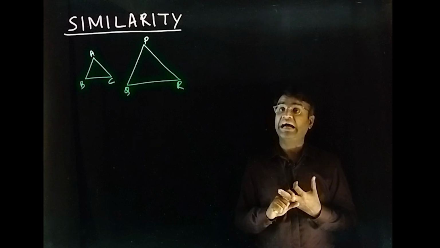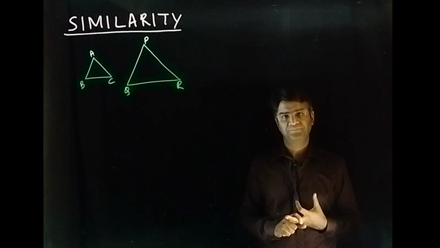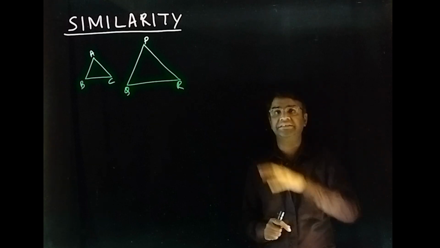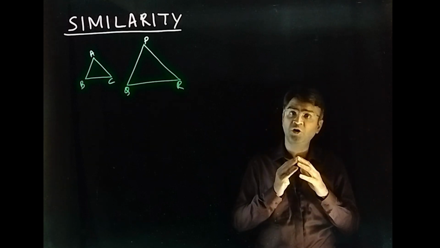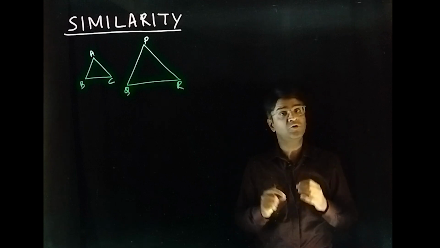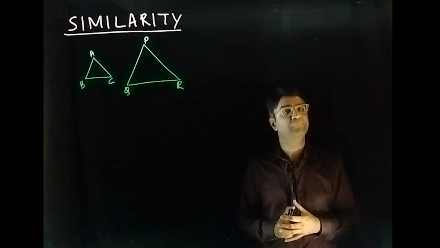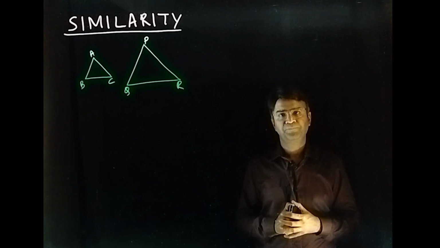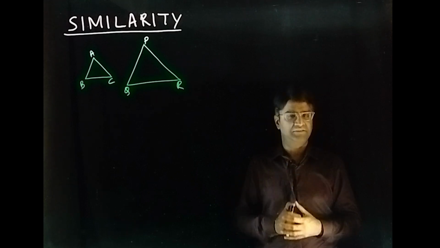That means they are identical to each other, which means if I take one figure and superimpose it on the other, they will be absolutely matching side to side, corner to corner, angle to angle, just the way we had in that A4 size paper. Then what are similar figures?